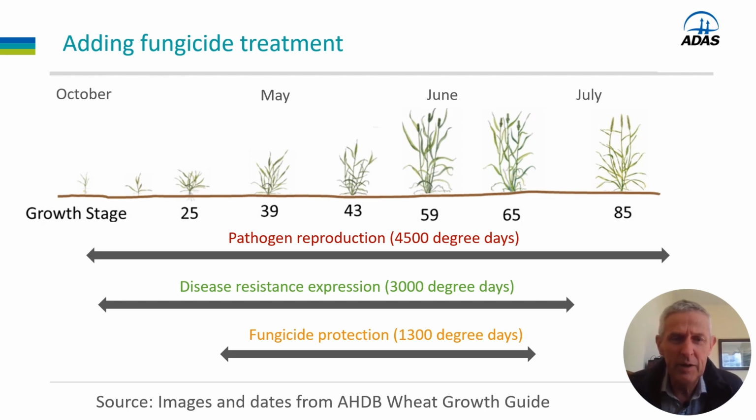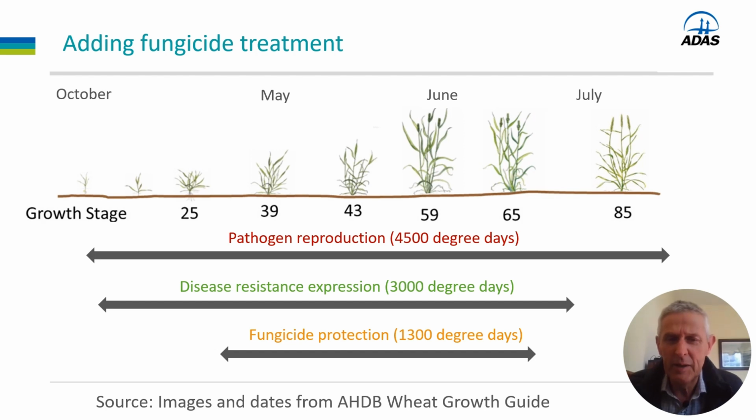And if we have a resistance gene which is expressed right from the seedling stage, then that disease resistance expression can also occur for quite a long period through the crop season, right through until the crop starts to naturally senesce.